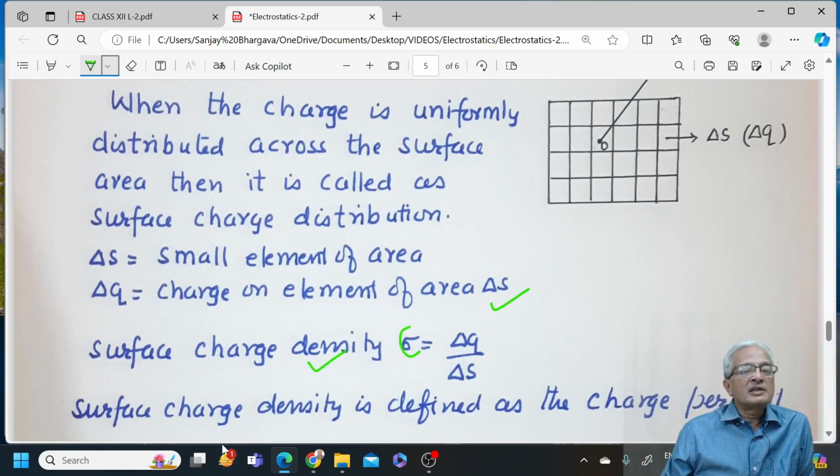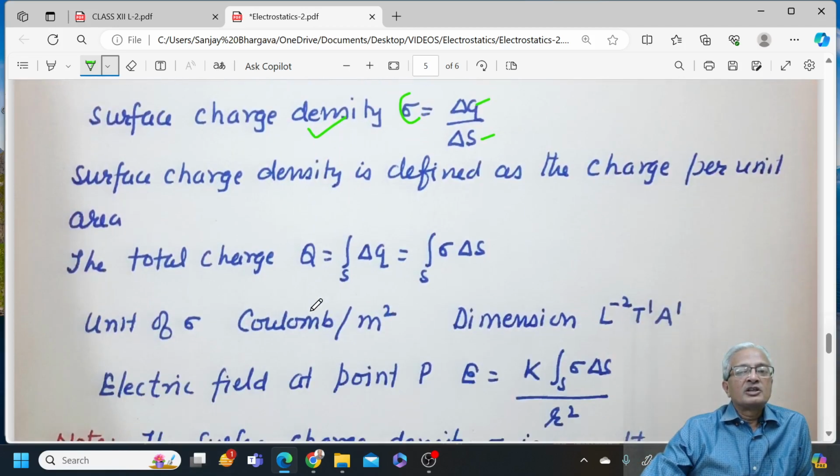It is defined as total charge upon the total area. Earlier it was total charge upon total length, and now it is charge per unit area. Once again, I can say surface charge density is defined as the charge per unit area.